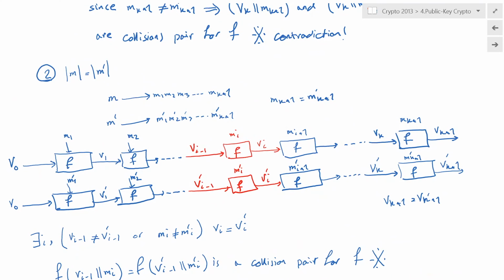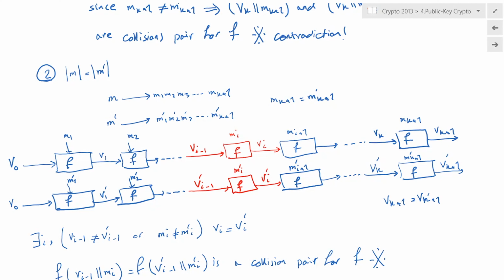So we said that there is an i where either these inputs are not the same but the outputs are the same, or the m_i are different. One of these conditions holds, and these two could be the same or not. But no matter what, the output of this f function at this step has been the same, and that caused this collision.